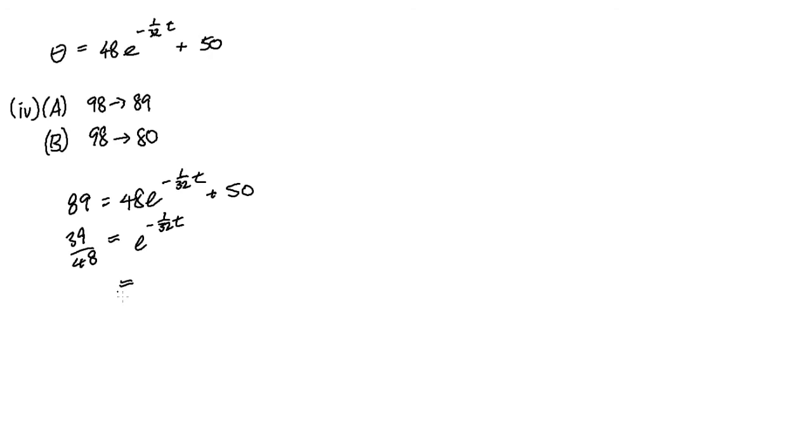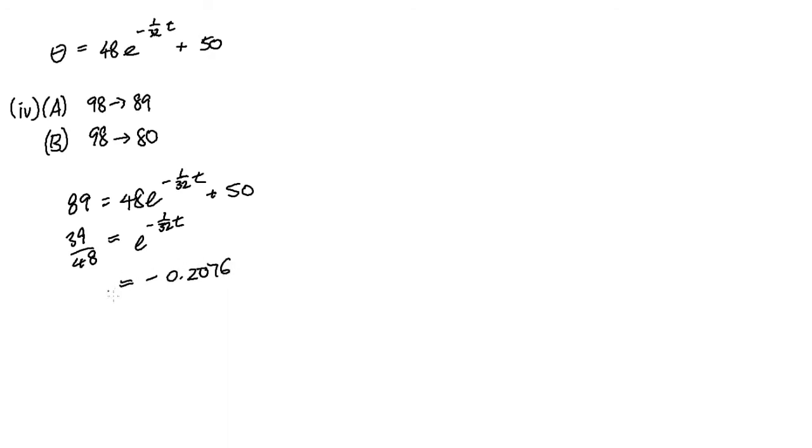And now we need to take the natural log of 39 divided by 48, which will give you a terrible number. That will give you a minus 0.27, actually, I'll just put in 4 decimals.